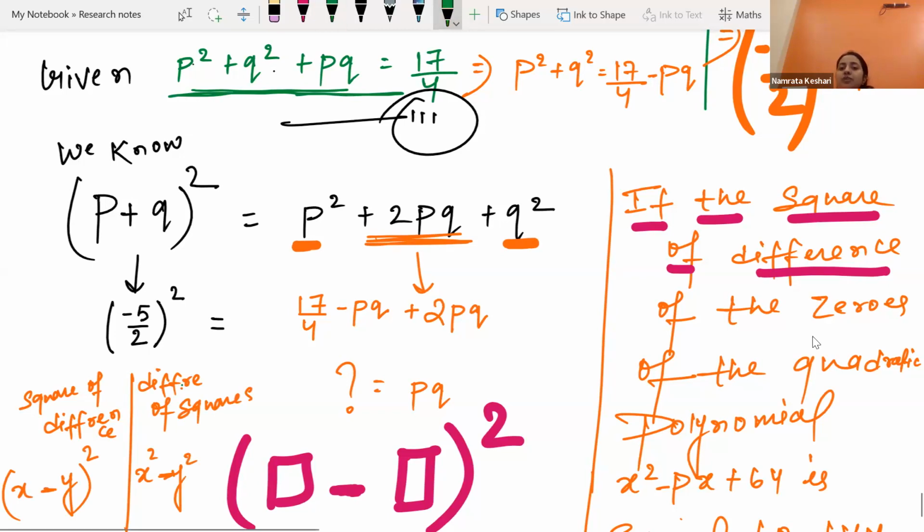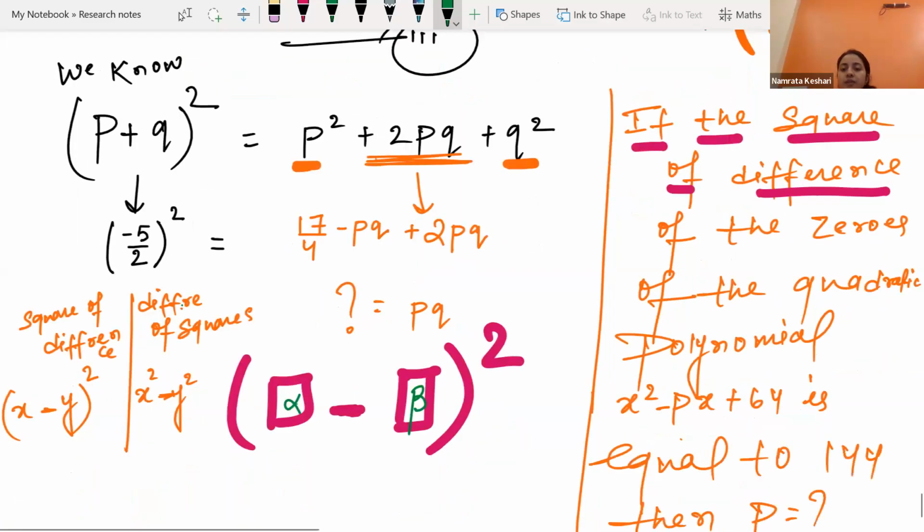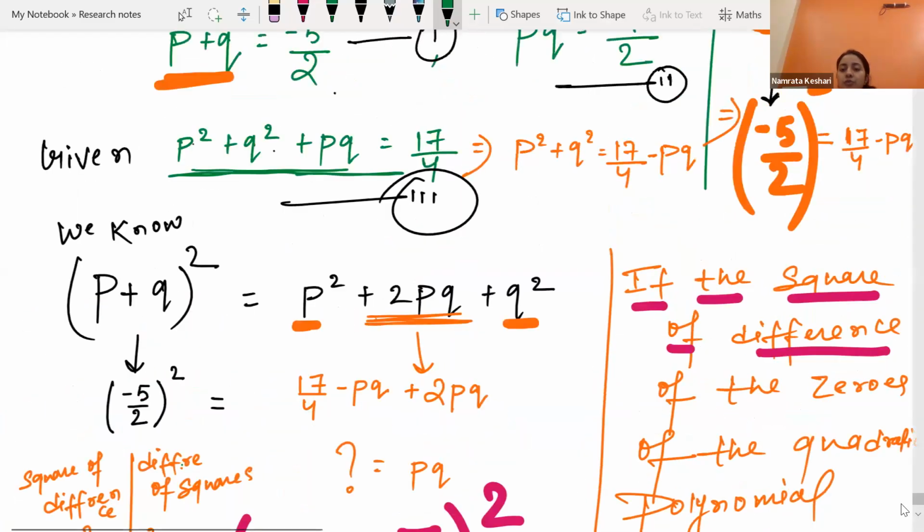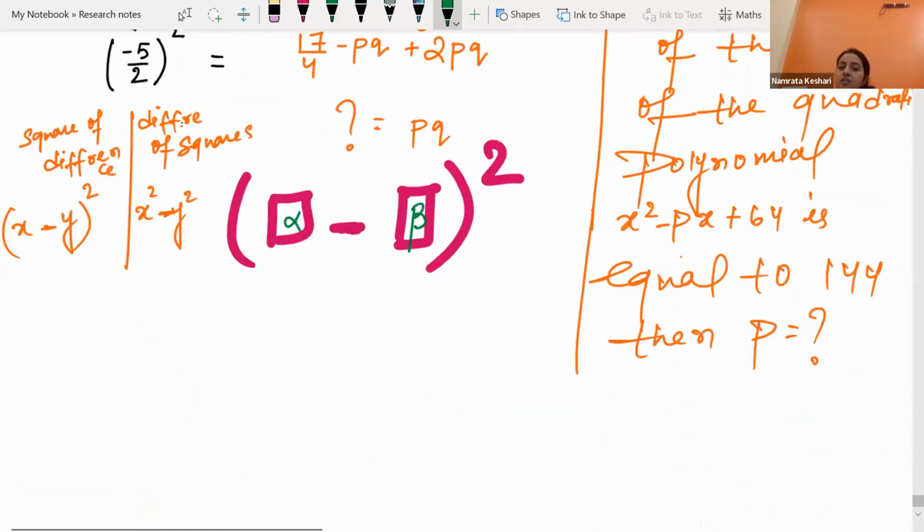So if the square of difference of the zeros, if one zero is alpha and another zero is beta, then the square of difference of the zeros of the quadratic polynomial is equal to 144. Alpha minus beta whole square is 144. Then we are supposed to find the p value, right?